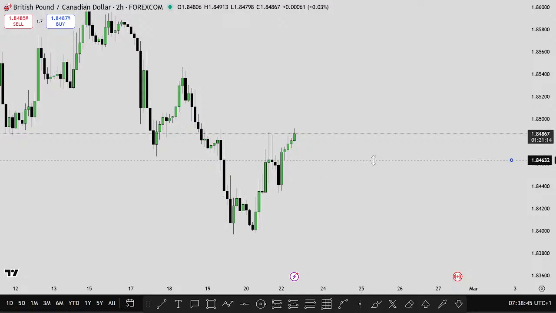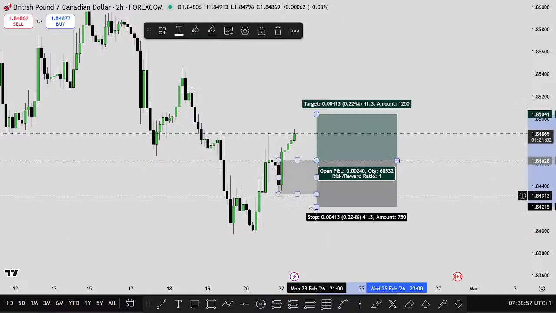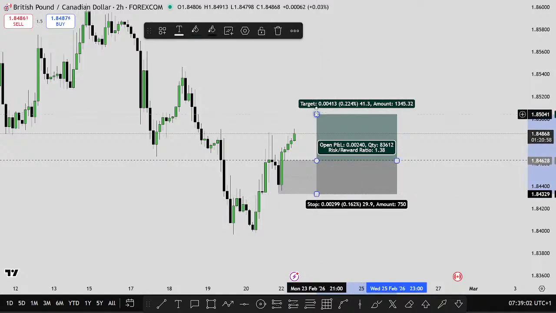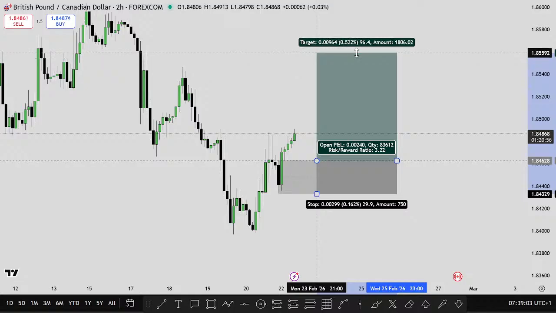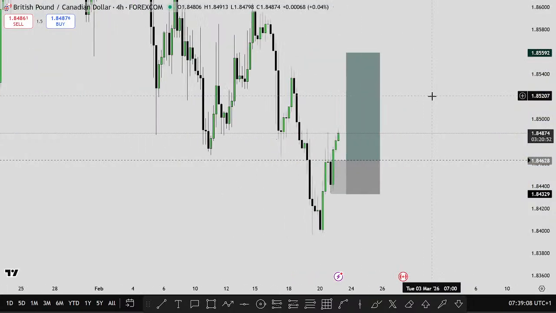So this is an OB that I'll most likely want to take a buy from. The 2 hour OB is unmitigated. That's the main reason I'll take the buy from. The stop loss to be here, there to be second swing points up there.